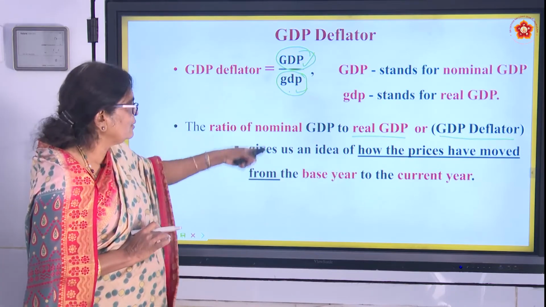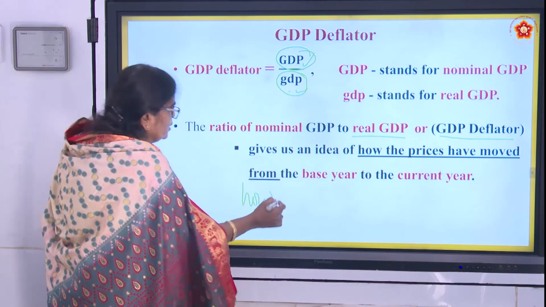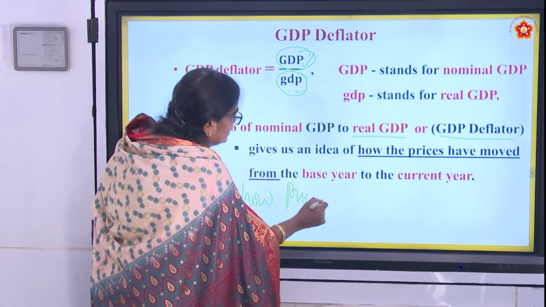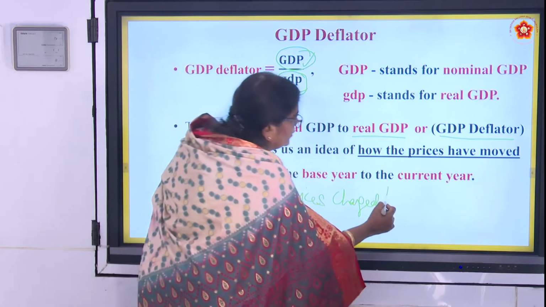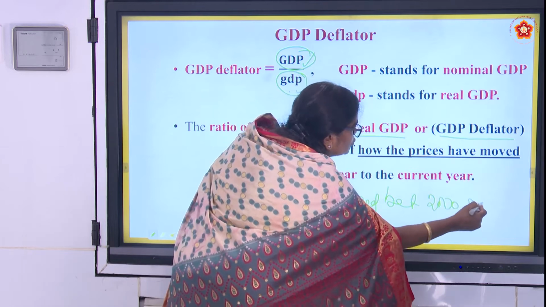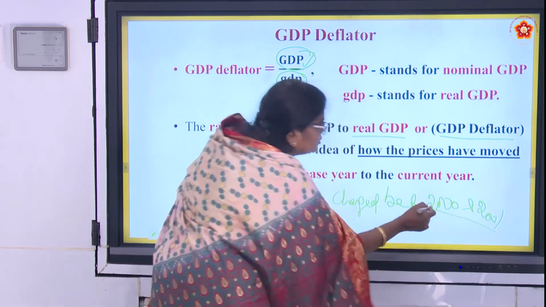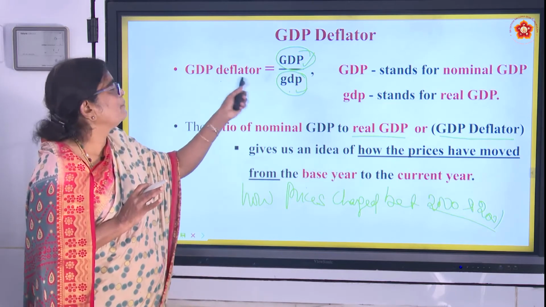Therefore, this ratio tells us how the prices have increased or decreased. In our example, between 2000 and 2001, how much have prices moved up or down? That is what is indicated by the GDP deflator.